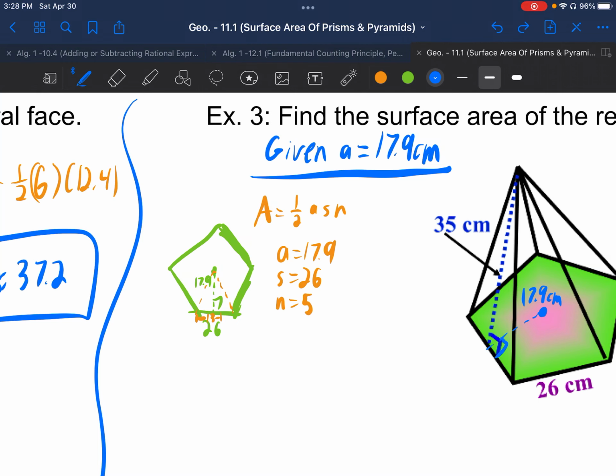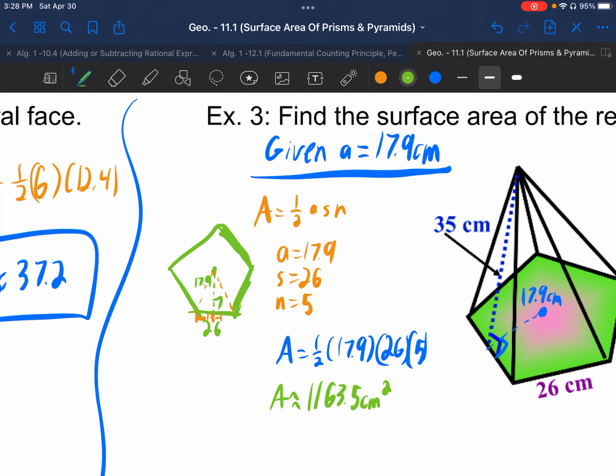Now we're going to plug this in to find the area of the base. The area of the base is going to be 1/2 times 17.9 times 26 times 5. We put that all in, and the area of this base, to the nearest tenth, ends up being 1,163.5 square centimeters.